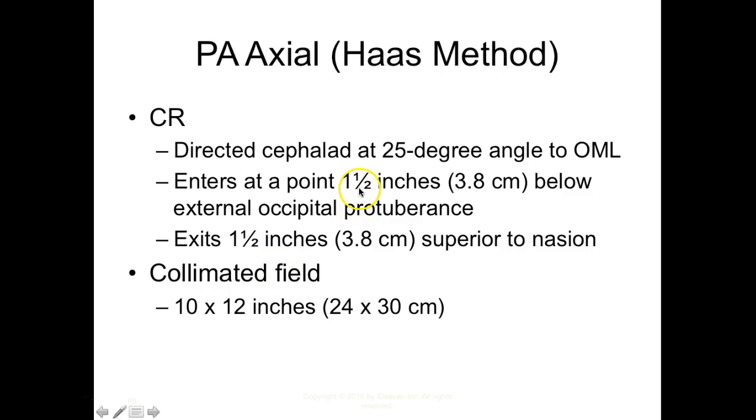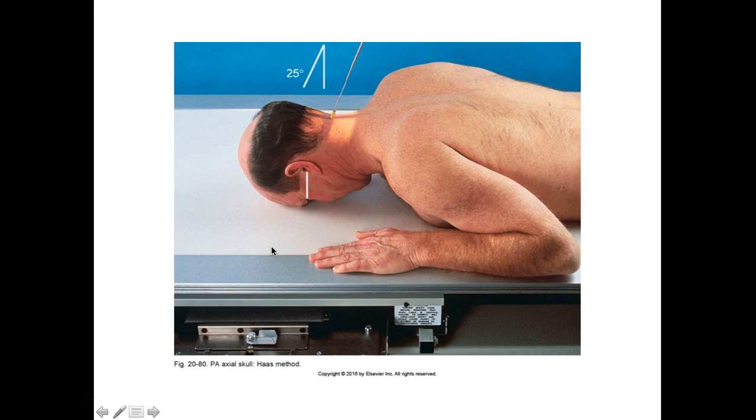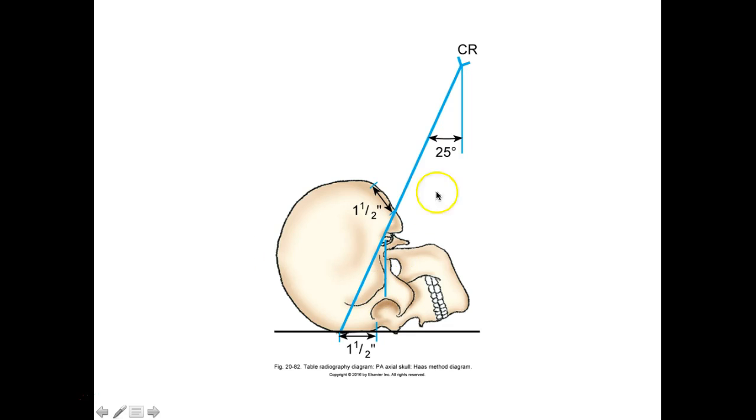So 1.5 inches below the external occipital protuberance, and 1.5 inches superior to the nasion. You can see here, 1.5 below, 1.5 above.